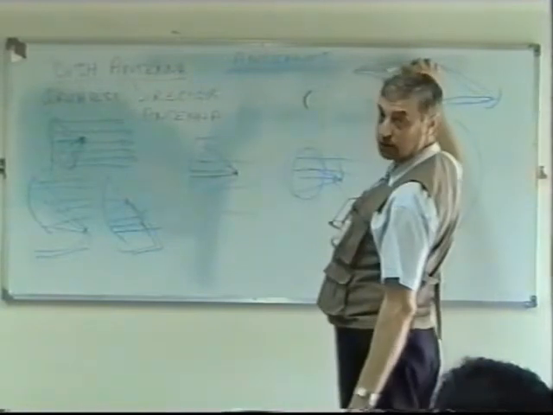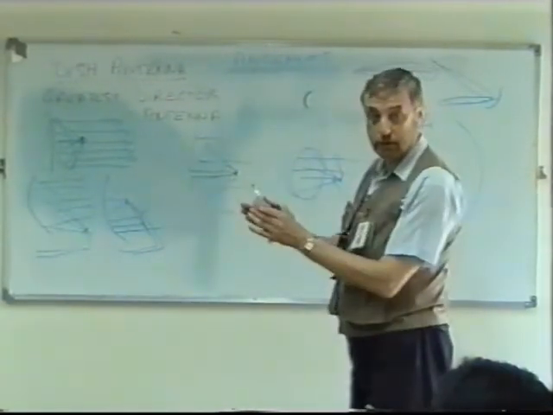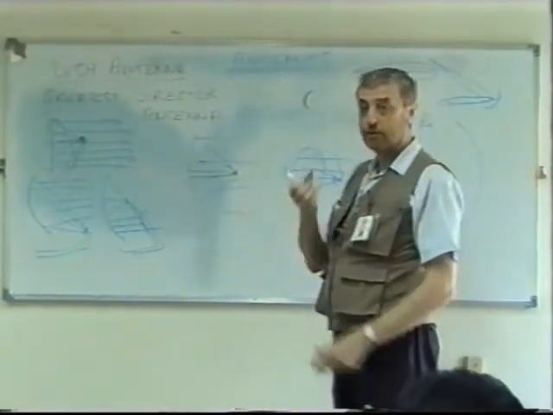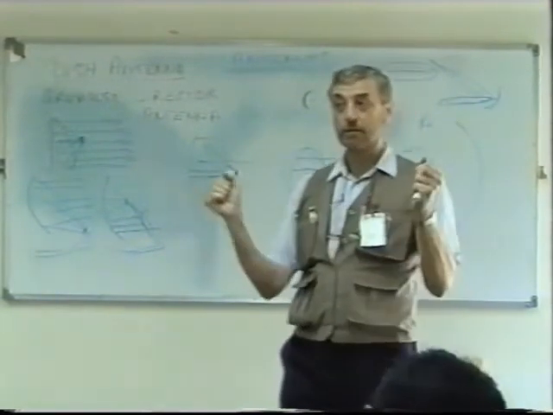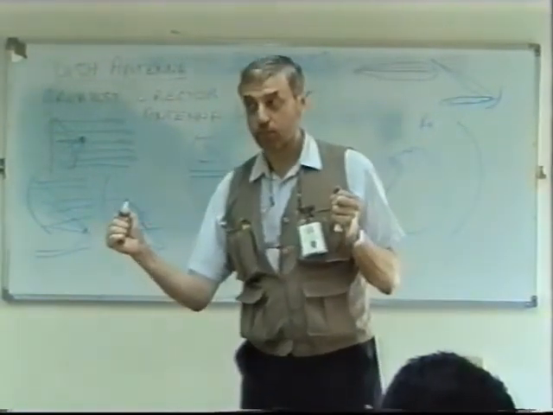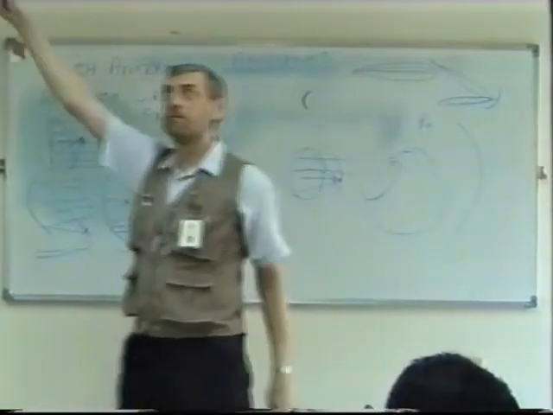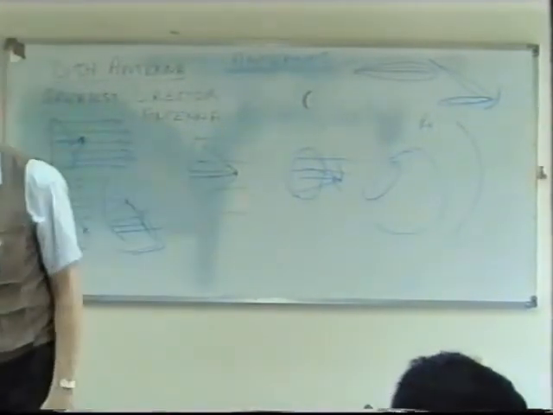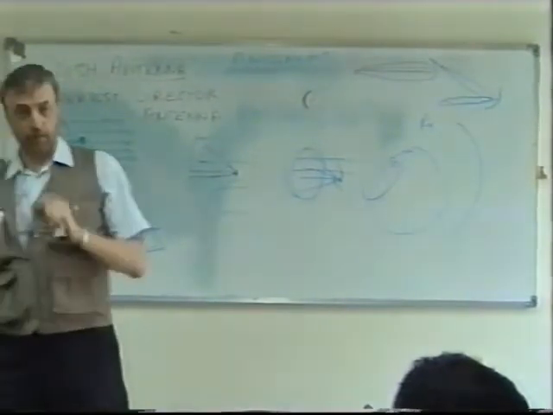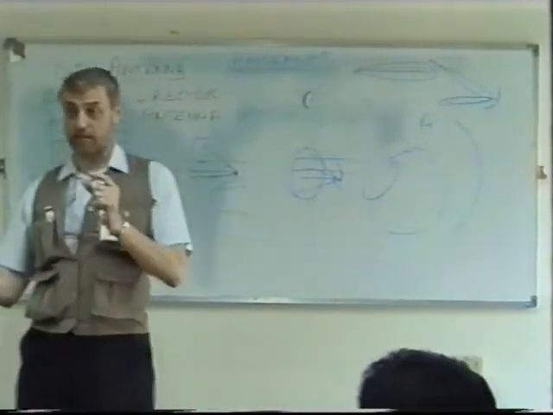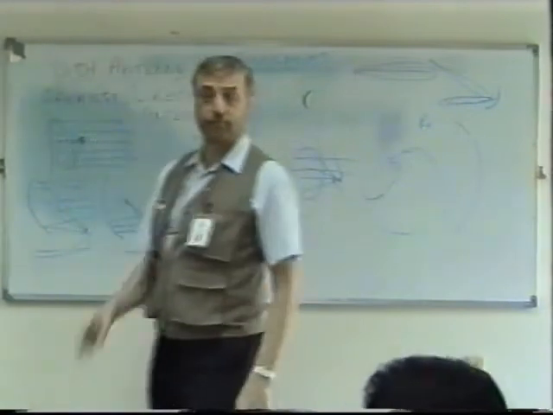Notice it's narrower? More directional. This gives you a better signal. But of course it's more difficult to align. If you take one of these very big dishes, several meters across, they usually need little electric motors to align them precisely.